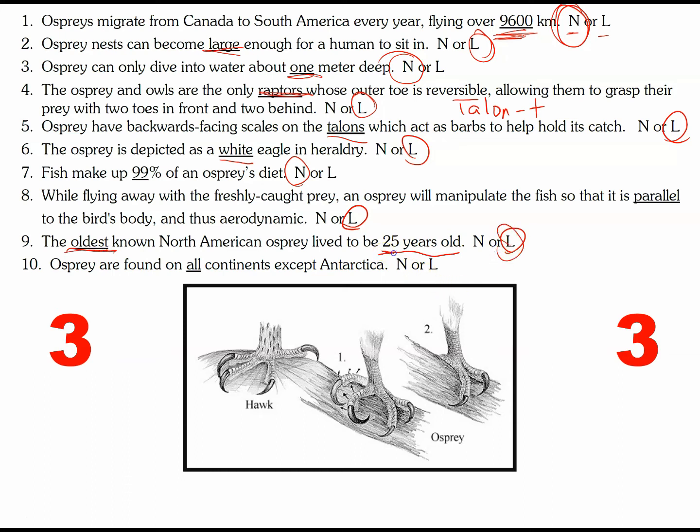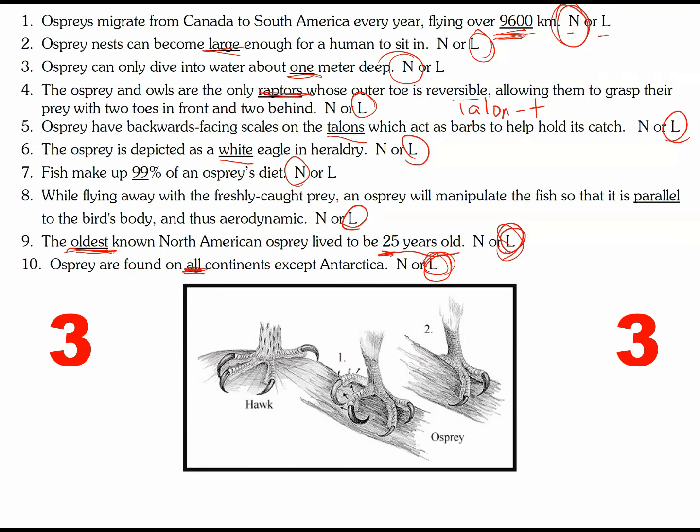If the 25 had been underlined, that would have been quantitative, but it's the oldest, so qualitative. 10. Ospreys are found on all continents except Antarctica. Qualitative. Despite the fact we know there are 7 continents, minus the 1 would be 6, we're honing in just on the word, and that word is qualitative.